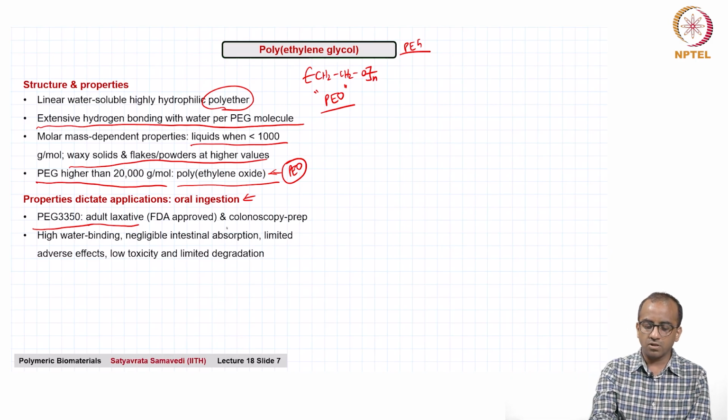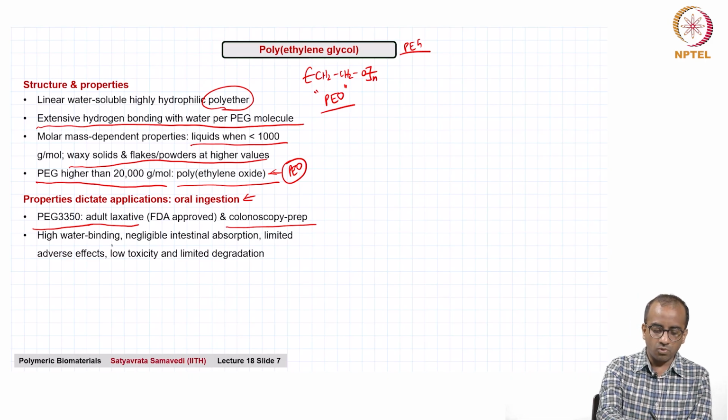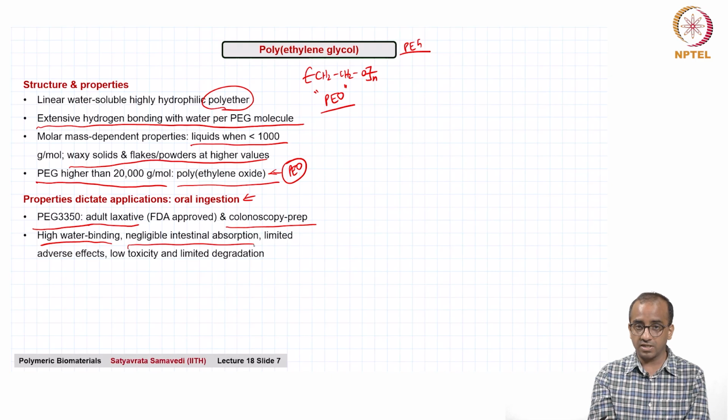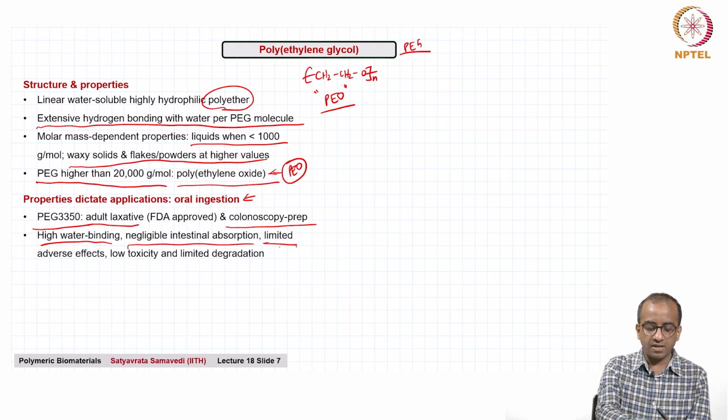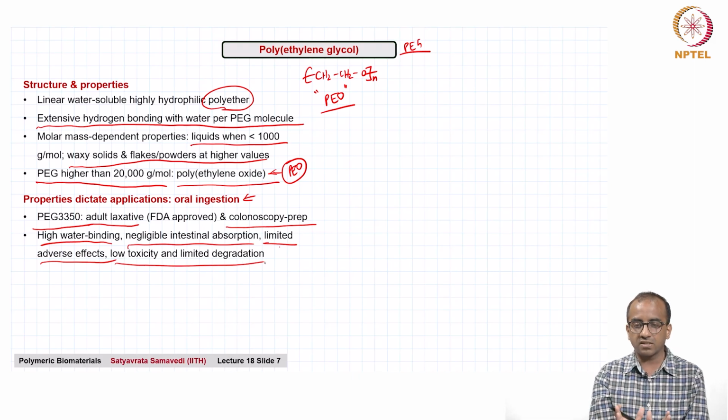This is also used in colonoscopy preparation. This is because of its high water binding capacity. It does not get absorbed in the intestines much, very limited adverse effects in adults at least, and low toxicity. So, all of these factors ensure that PEG 3350 can be used as an adult laxative, which is FDA approved.